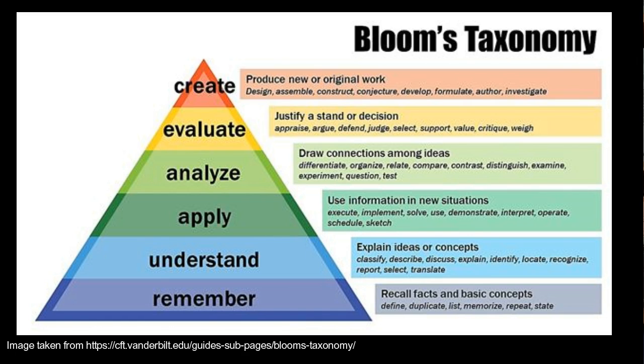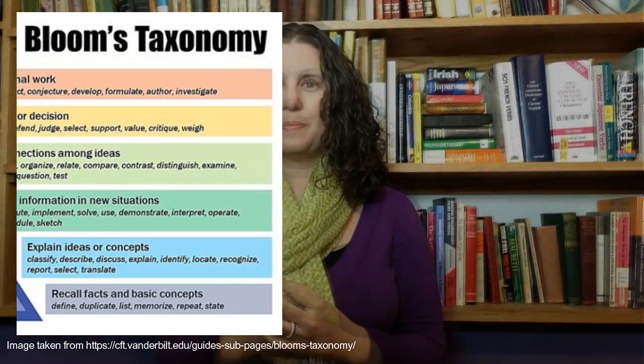So, for example, if you want to use the verb understand in one of your aims, students will be able to understand. Look at this and see if there's a better, more descriptive verb that you can use. Let's say instead of understand, you might use describe, report, or explain, because that's what they will actually be doing.